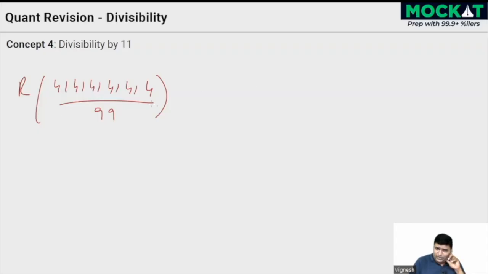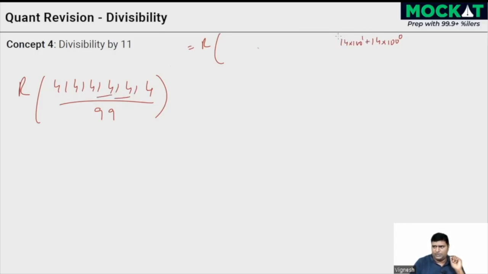So we need to understand that 99 is close to 10 square. So the number over here can be written as 14 into 100 power 0. Then the next 14 into 100 power 1.